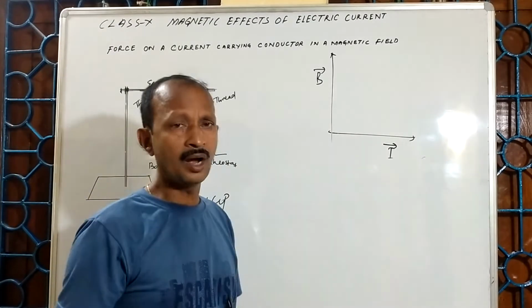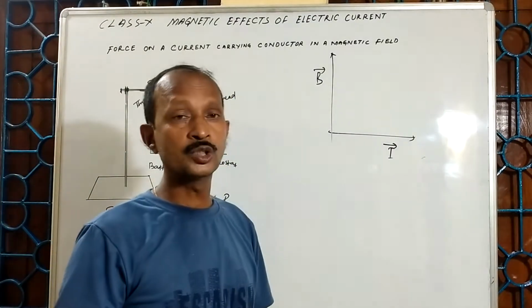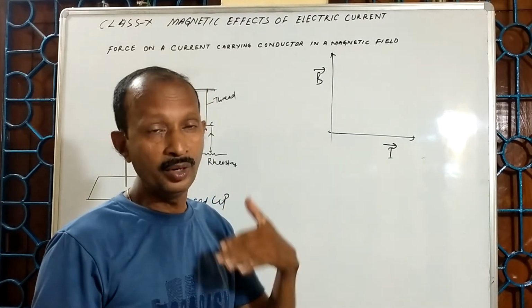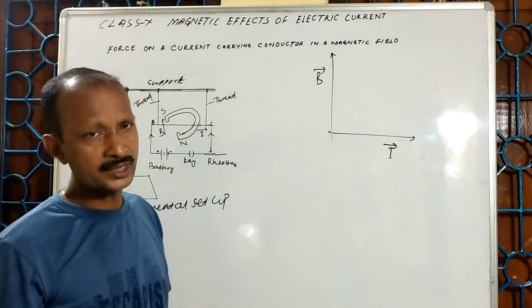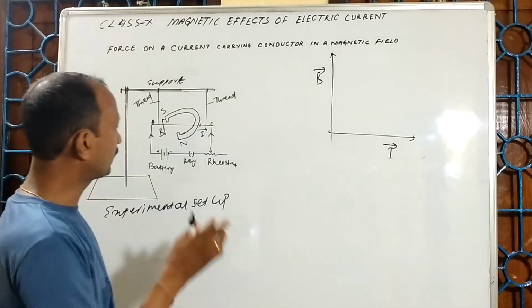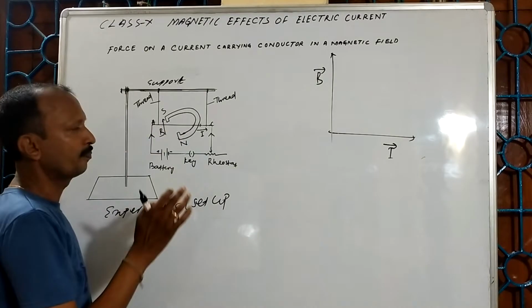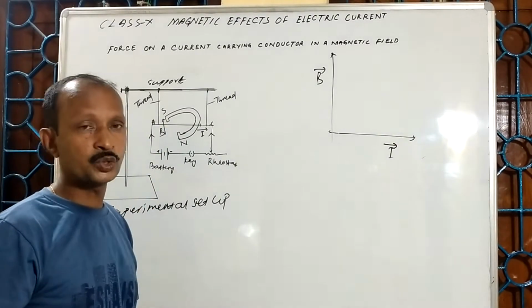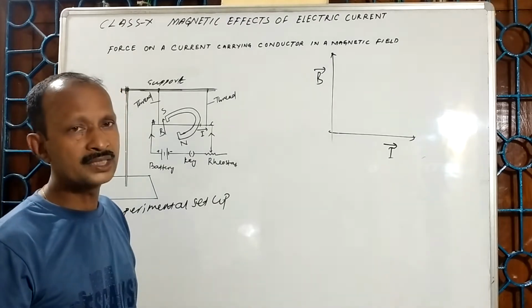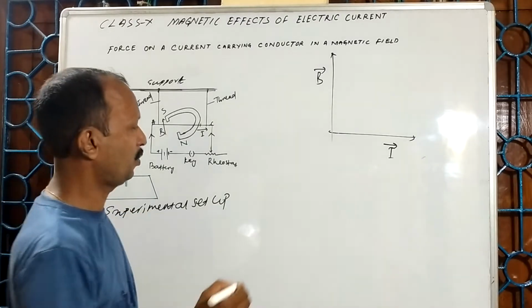Now, the question comes, how does the force act? In which direction does the force act? The direction of the force acting on this current carrying conductor when it is placed in a magnetic field can be understood by Fleming's left hand rule.